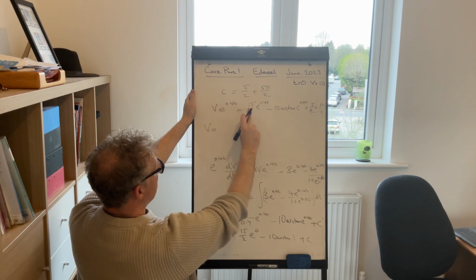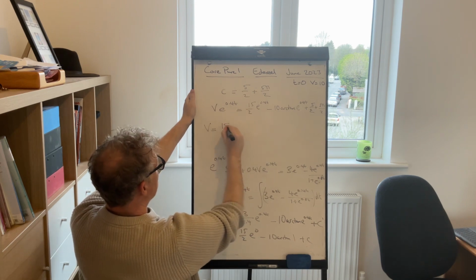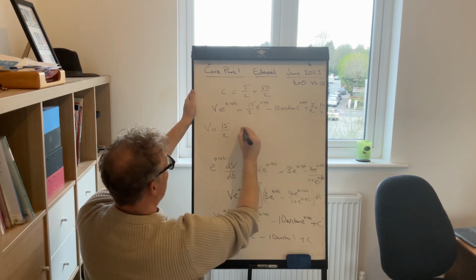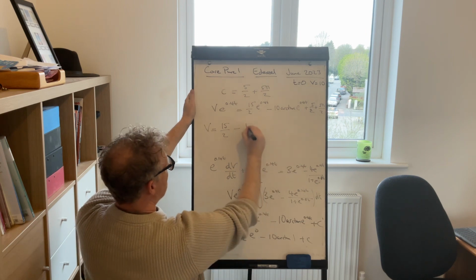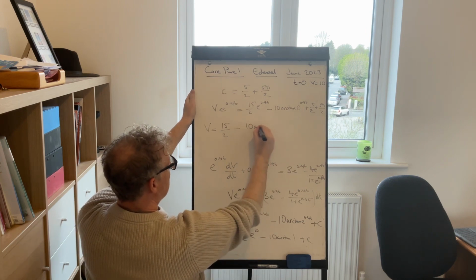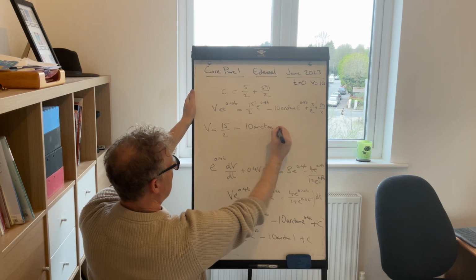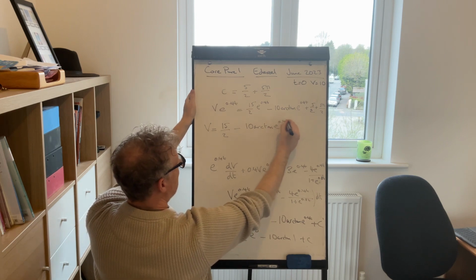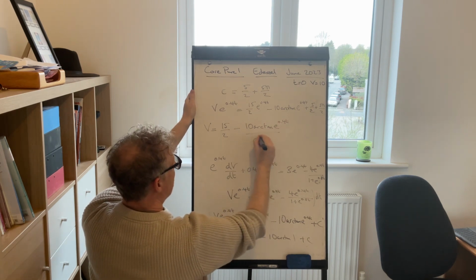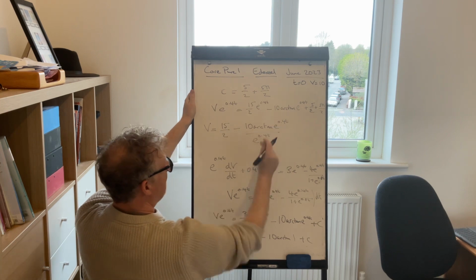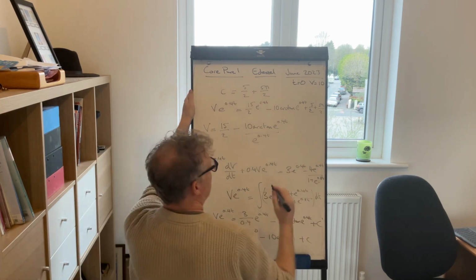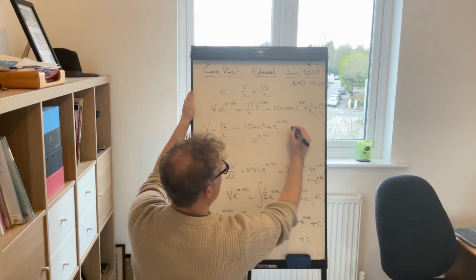So e to 0.4t divided by that, 15 over 2. That, well, we could actually, in fact, just do 10 arctan e to 0.4t divided by e to 0.4t. Obviously don't be daft and try and cancel them or anything like that.